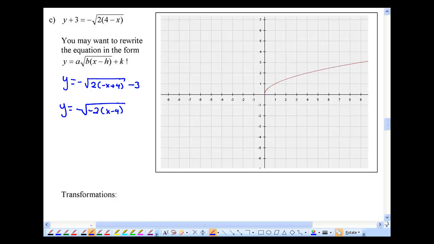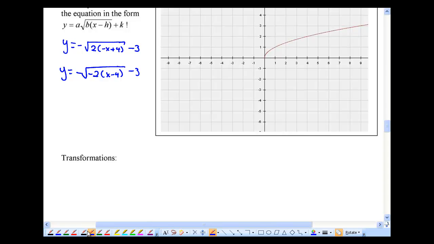Those pesky negatives. That 2 is a horizontal compression by 1/2. I see 2 negatives. Uh-oh.